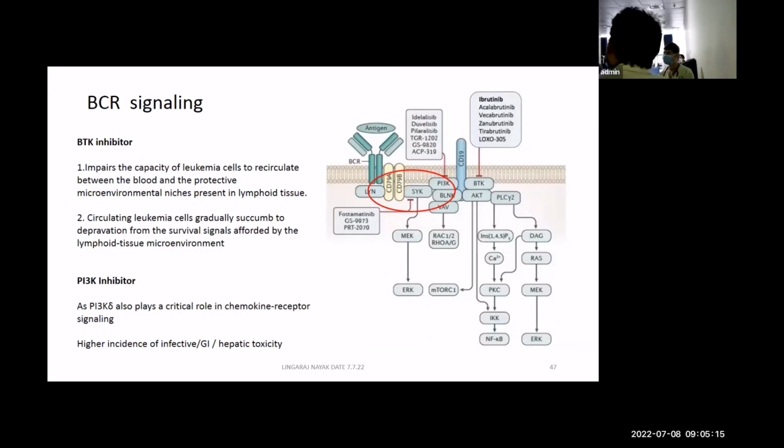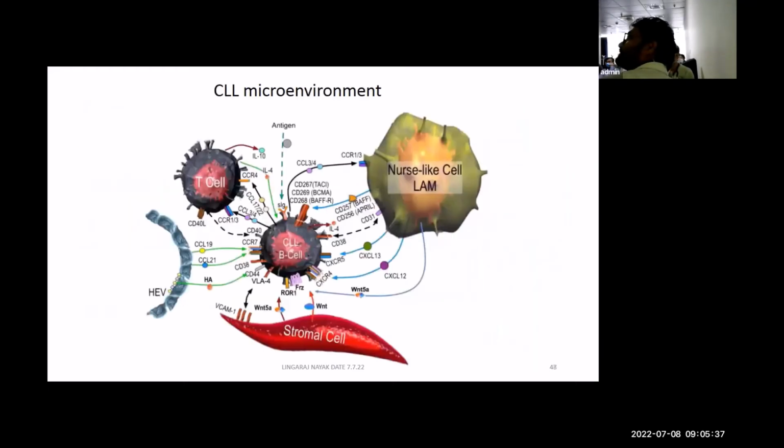Altogether, this signalosome activates the NF-kB and PI3K pathways, and that leads to proliferation. There is something called BTK there, which is also a tyrosine kinase that helps in the activity of the signalosome. So a BTK inhibitor inhibits that Bruton tyrosine kinase and prevents those downstream activities.